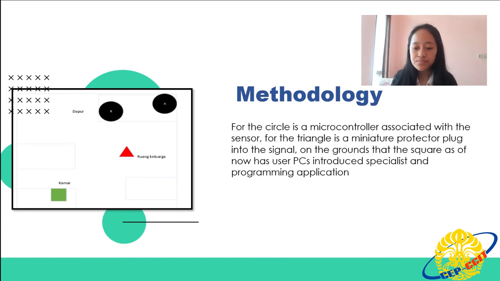And the square shape has user PCs with the server and programming application installed, which normally, if an emergency situation happens in the kitchen area, such as fire, heat, gas leaks and smoke, will then allow users to follow and check directly and take action first.